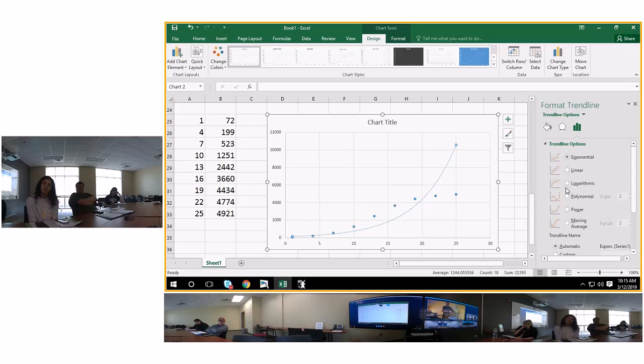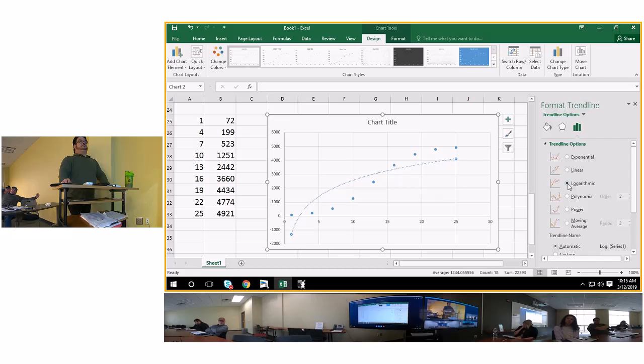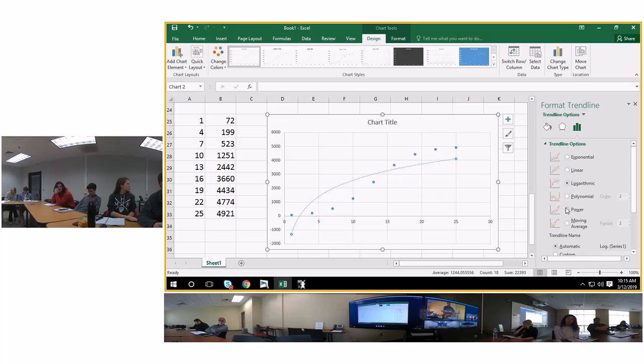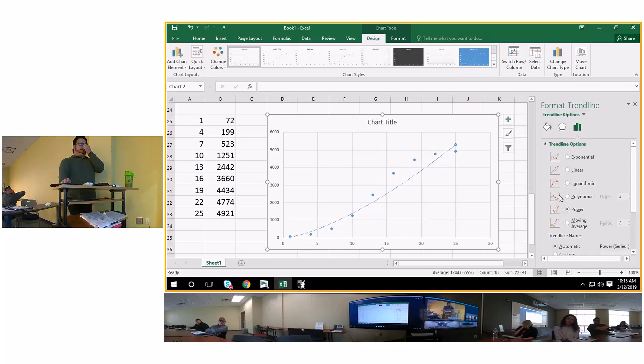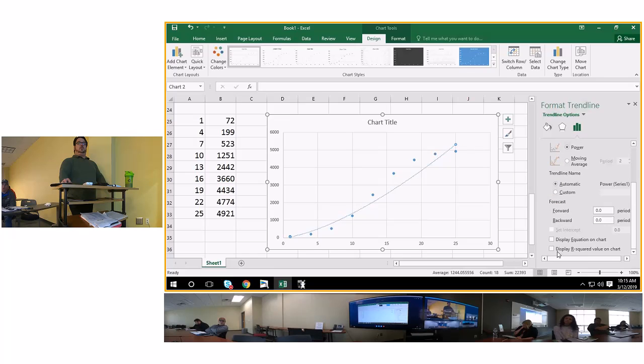Logarithmic. Trying to find the best fit. There it is. That's probably the best fit. Let's see what they get. That's not what they got.